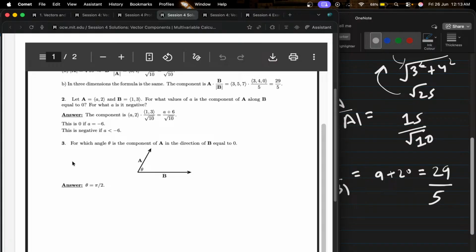Next one: let A equal this, B equal this, for what values of a is the component of A along B equal to 0? We have to find the orthogonal. We can calculate the component of A along B, so we just have to calculate the magnitude of B, which is under root 10.